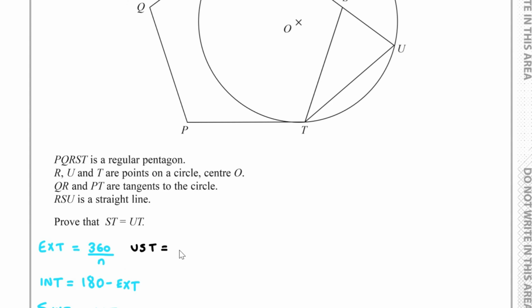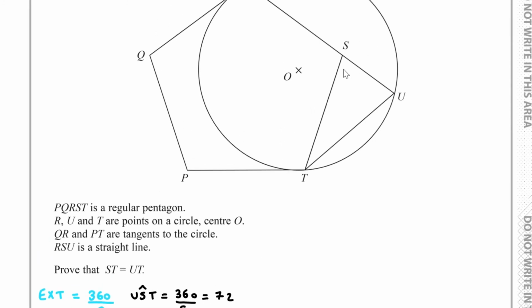UST is equal to 360, and now because here we've got a pentagon, we can divide this by 5, so we get 72 degrees.